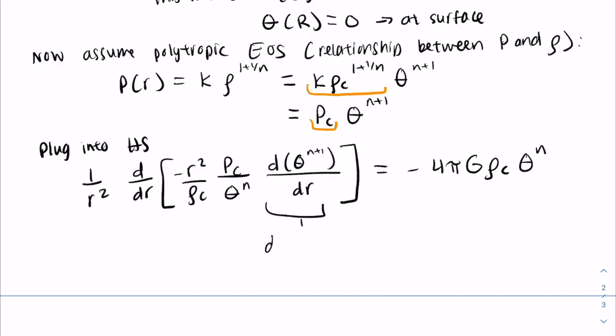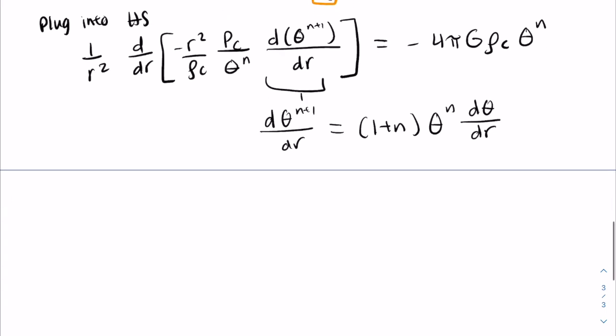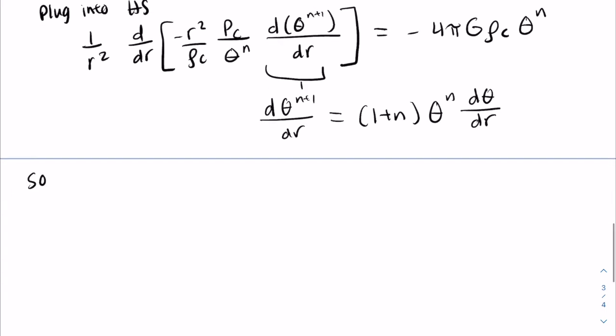This derivative in terms of r of theta to the 1 plus n is just going to be 1 plus n times theta to the n, d theta dr, which you'll notice is useful because now we have three terms in terms of theta to the n.